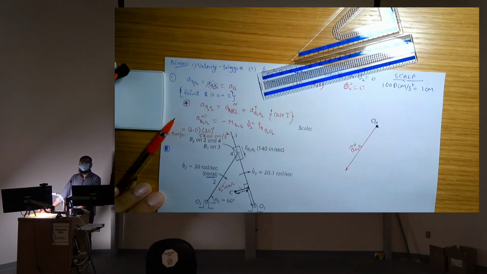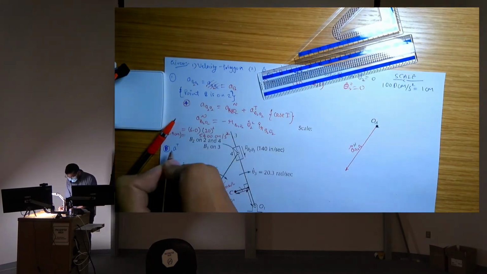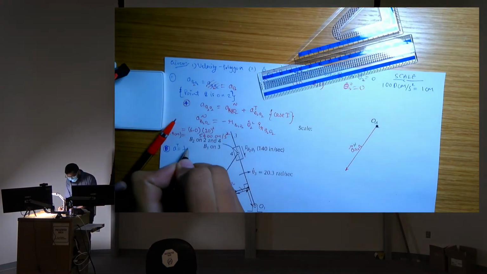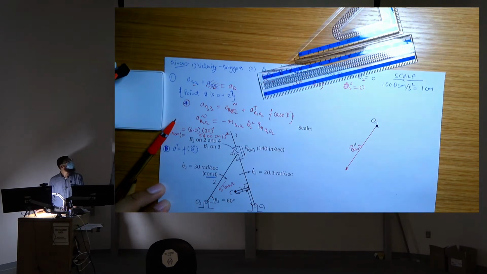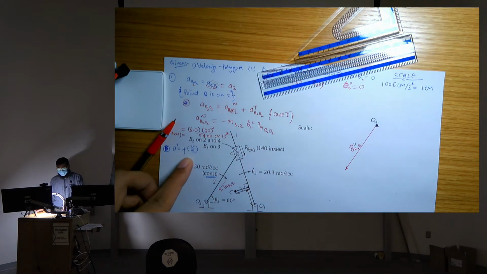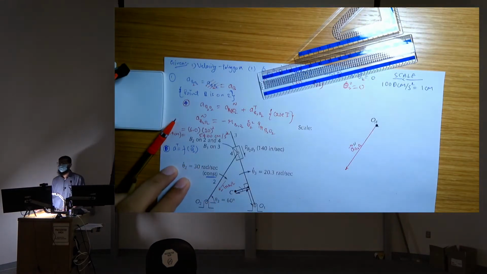You had it yesterday, just have a look at your notes. The tangential component is always a function of theta double dot, that means in the formula there is a theta double dot.